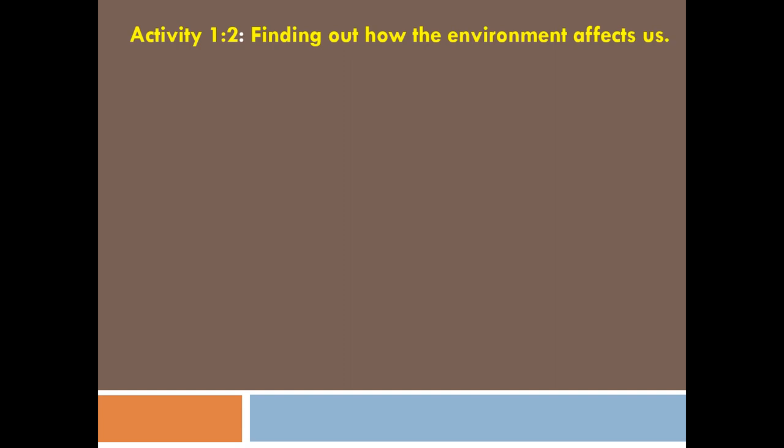So after identifying and categorizing those features, let us explore and find out how these things affect human beings. How do the natural things in our environment, and the man-made things in our environment, affect us, or of what importance are they?